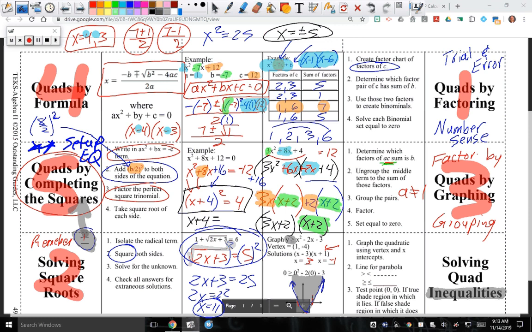You have to have a positive and a negative version. So my running answer is x plus 4 is equal to a positive or a negative 4. So there's the positive one, and there's the negative one. So when I subtract 4, I'll get 0. When I subtract 4, I'll get negative 8.